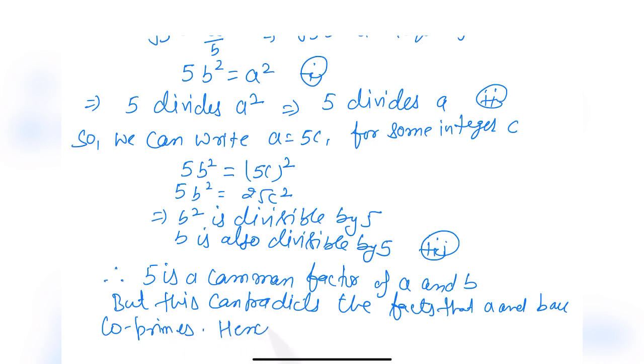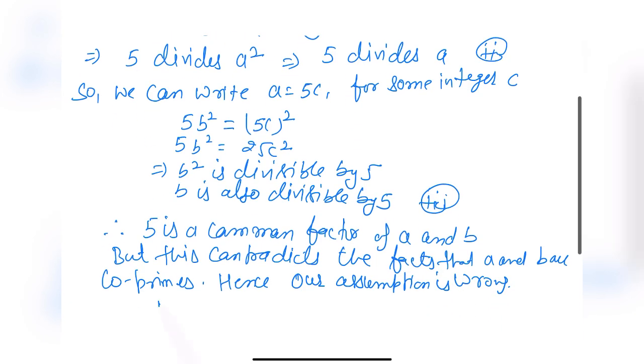Hence, our assumption is wrong. So it means root 5 is irrational.